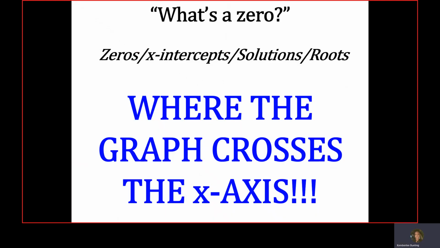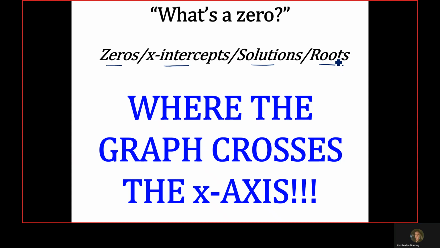All right. Now, this situation right here made me want to get my purse and go home on the test, because you were asked to find zeros of various polynomials. You forgot that I told you that zeros, x-intercepts, solutions, and roots all mean the same thing.